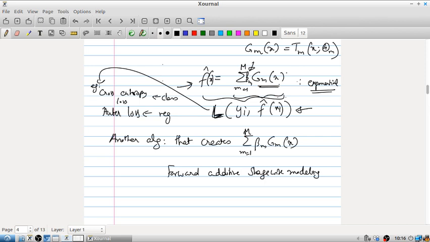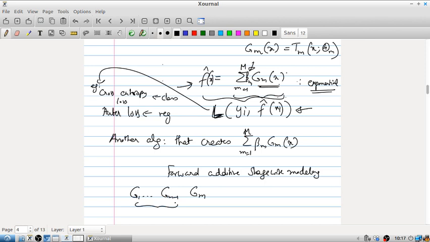And to do so, one way to add a new model, if you're trying to consider what new model to add, is figuring out what should be G_m. So you already have G_1 to G_{m-1} in your bucket.